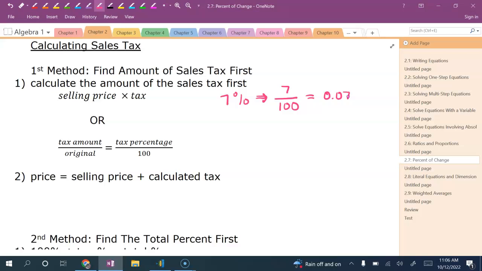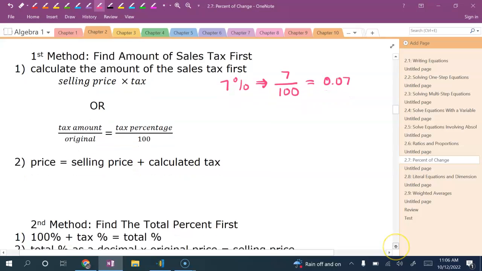So to solve for sales tax, the first method would be to take the selling price, what you're paying for, times your sales tax amount as a decimal. Then that will give you the amount that you have to pay extra on your purchase. So then you'll add that on to your selling price or to your original cost of the item.